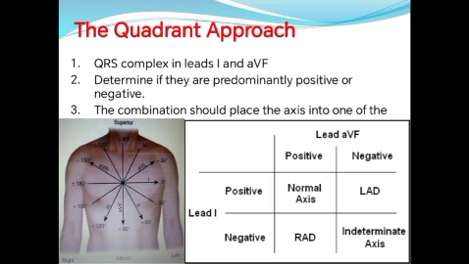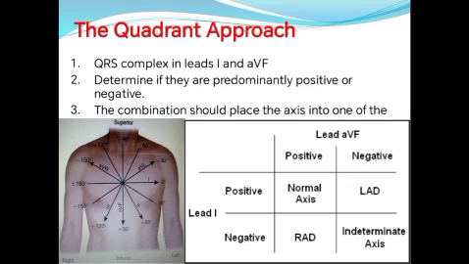The quadrant approach: we look at the QRS complex in lead 1 and AVF and determine if they are predominantly positive or negative. The combination should place the axis into one of the following.